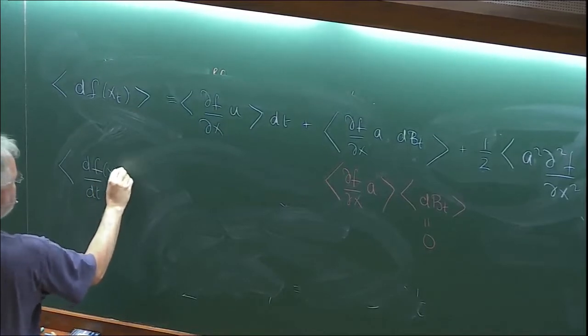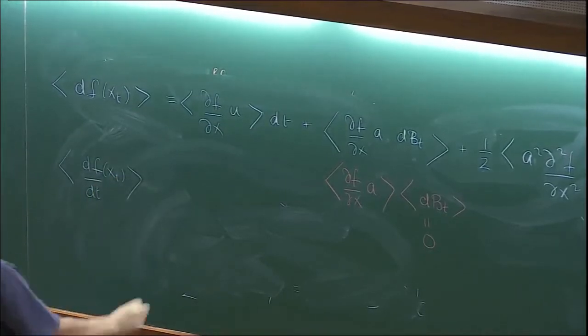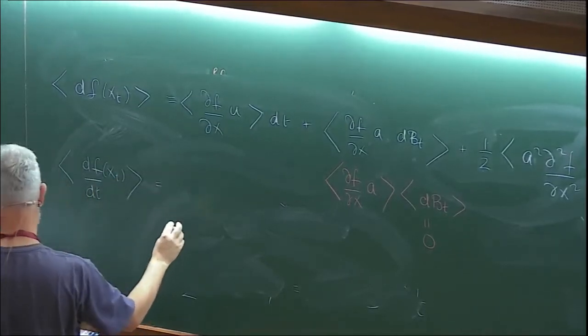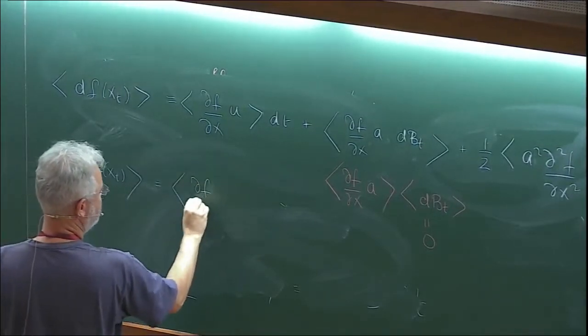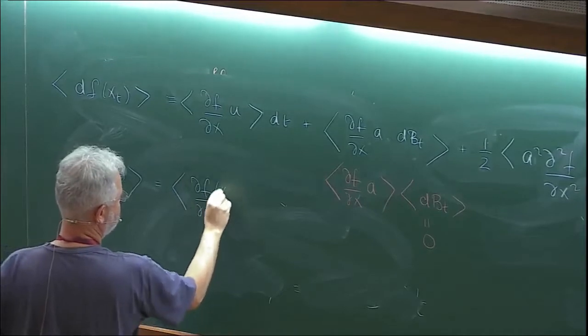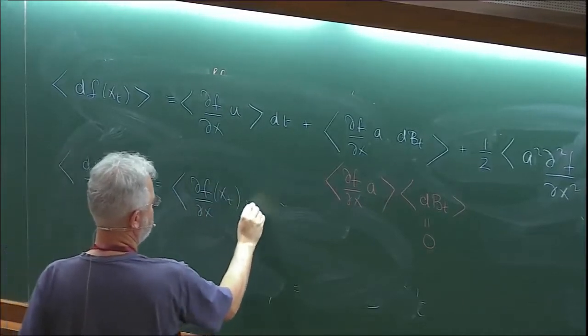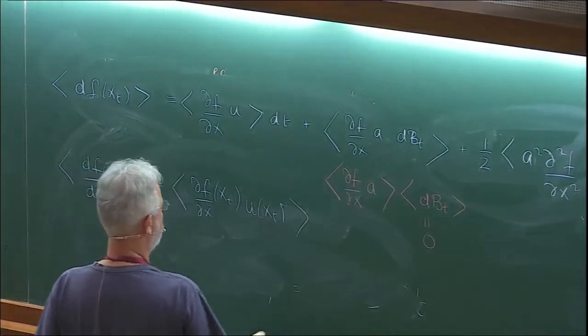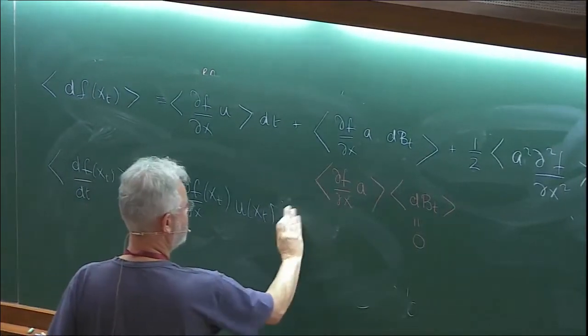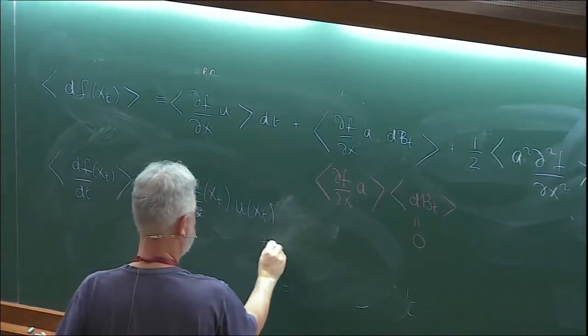I can take it inside the expectation because the expectation is linear. So let me write everything out explicitly. This is df by dx of x of t times u of x of t, plus a half.